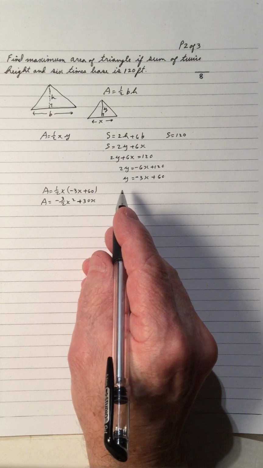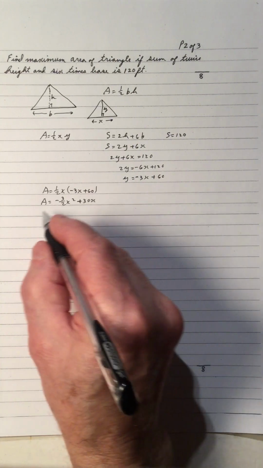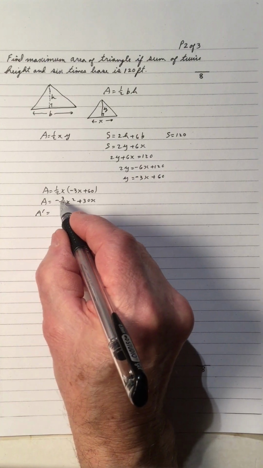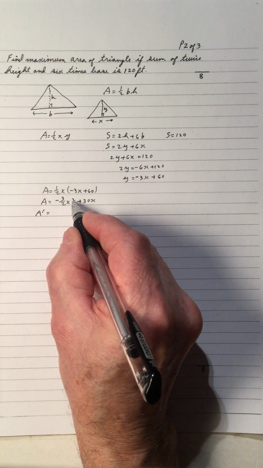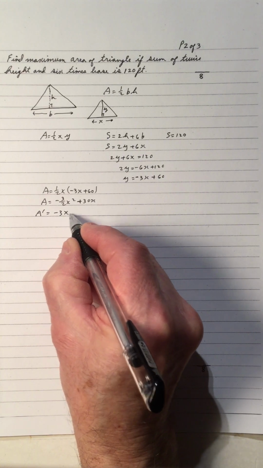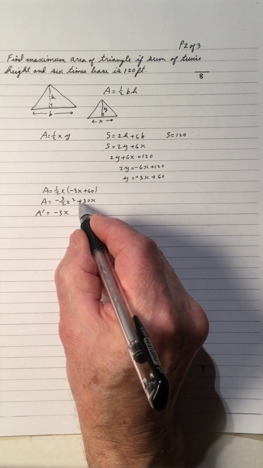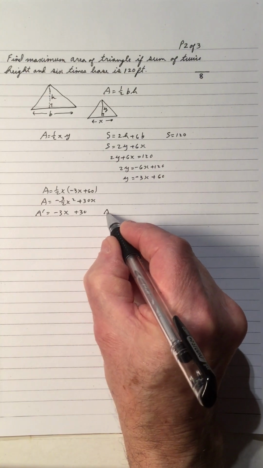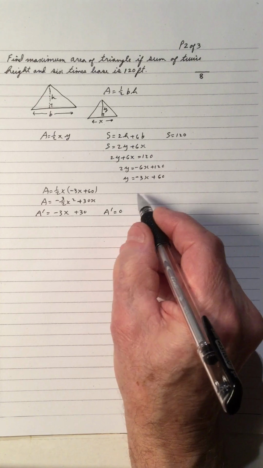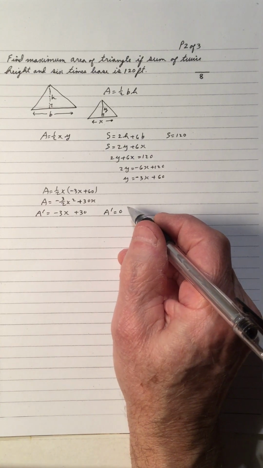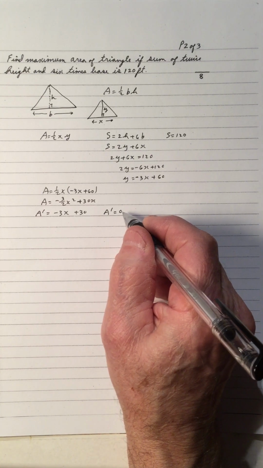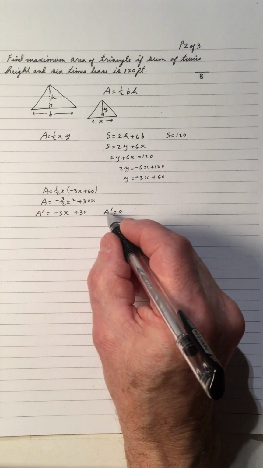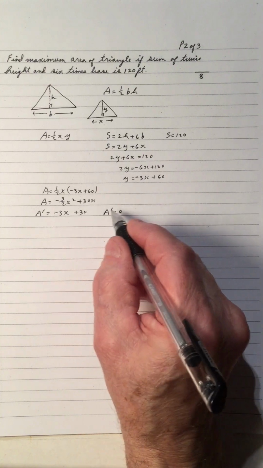And again, we're doing this problem by calculus, so let's get the derivative, A prime. Negative 3 over 2 times 2 is negative 3. Decrease the power by 1, and the derivative of 30x is plus 30. We let the derivative equal 0, because that's where the maximum area is.